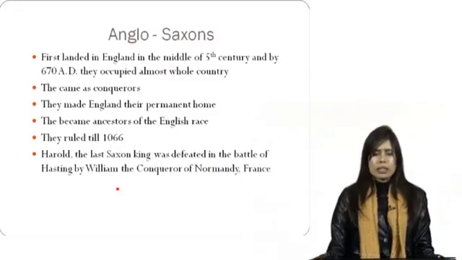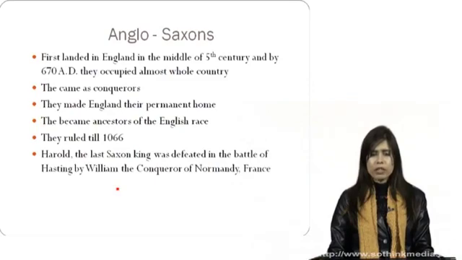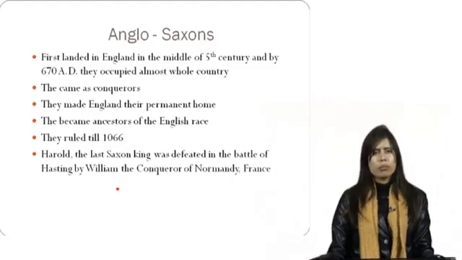The Anglo-Saxons first landed in England in the middle of the 5th century, and by 670 AD they occupied almost the whole country. They landed in the middle of the 5th century, so that might be 450 or after that.